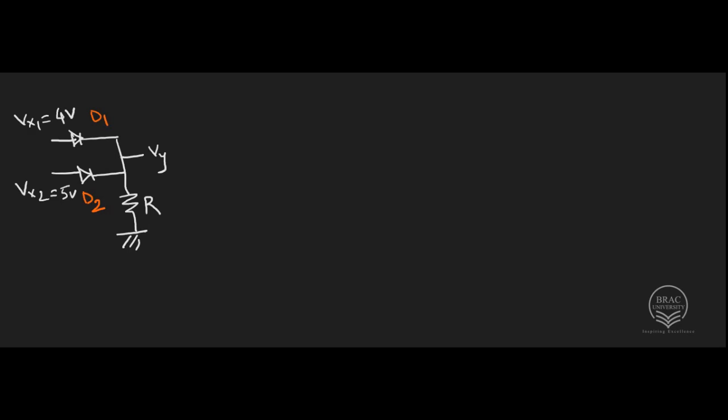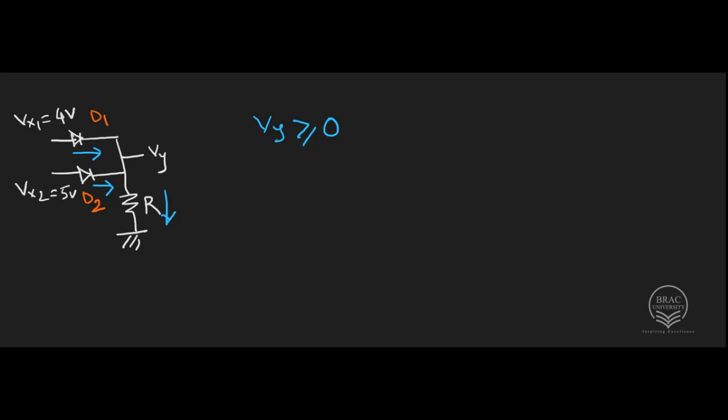Now if both diodes are conducting, that is we consider that current is flowing through both of these diodes, then the current across the resistor will be in this direction. And we know that current flows from high voltage to low voltage. So the voltage of Vy needs to be greater than or equal to 0, the ground potential, so that the current across the resistor flows in this direction.